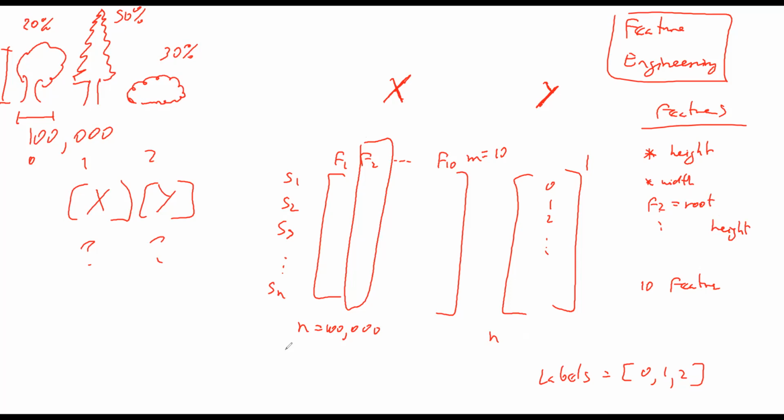Okay? So that is called alignment. You need to make sure that that is correct. Otherwise, garbage in, garbage out. Okay, that's extremely important that you have that sense of, okay, yeah, F2 for every sample is root height. F3 for every sample is root width, for instance. Okay, and that's it. You see that?